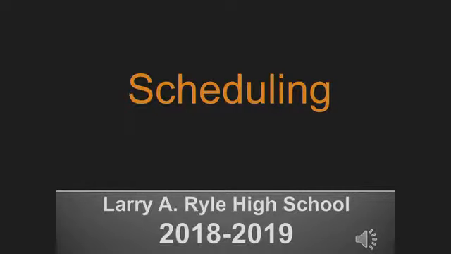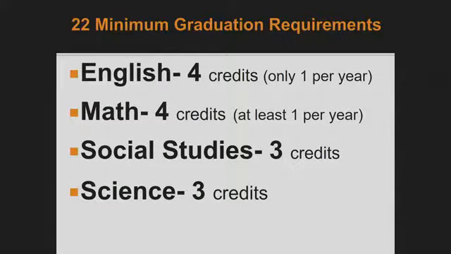In this presentation, we will be discussing scheduling for the 2018 and 2019 school year. When scheduling, it is important to understand the minimum graduation requirements. In order to graduate, students must obtain 22 credits. Of those 22 credits, 4 must be in English.